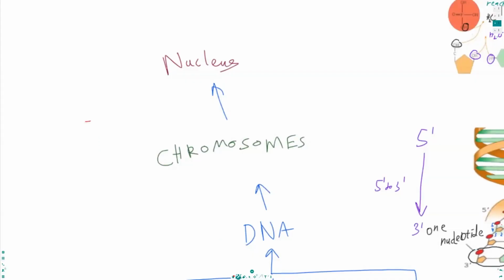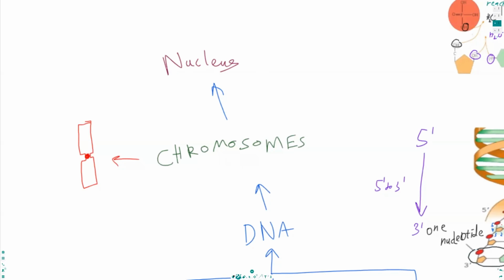So all of our DNA is packaged into chromosomes, and this is a chromosome here. Humans have 23 pairs of chromosomes, so 46 chromosomes in total, and those 23 pairs are all packaged into the nucleus.